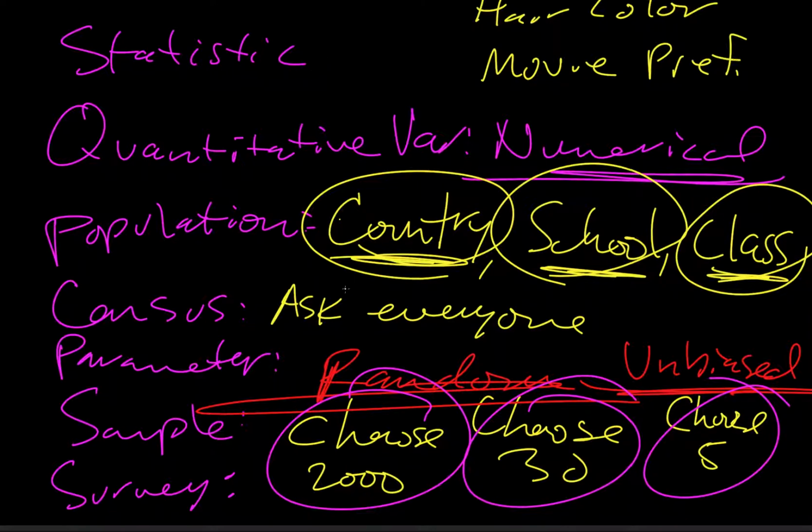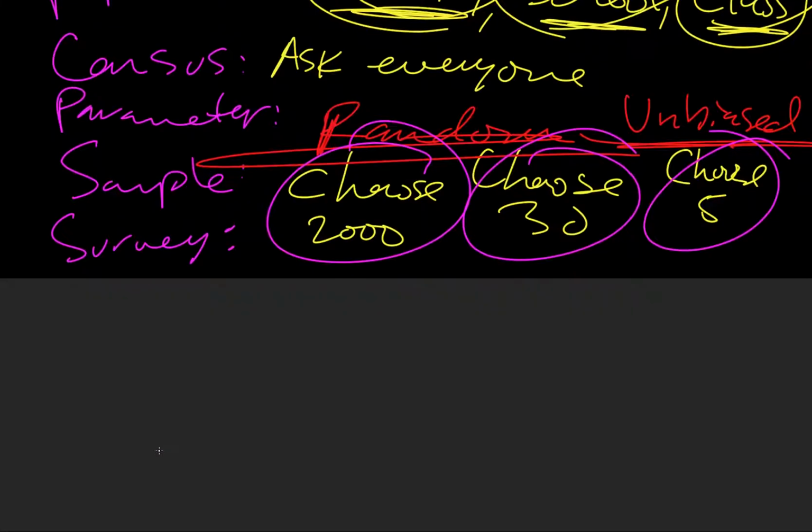So we take the data that we collected from a sample using a survey, and we try to say something about the population as a whole based on that statistic. So we'll say like 20% of people like dogs in our school. Okay. All right.